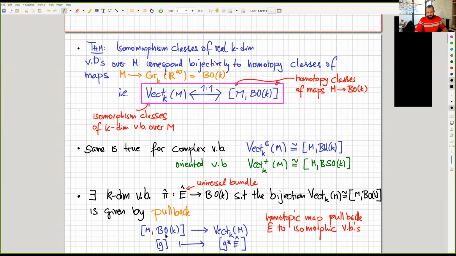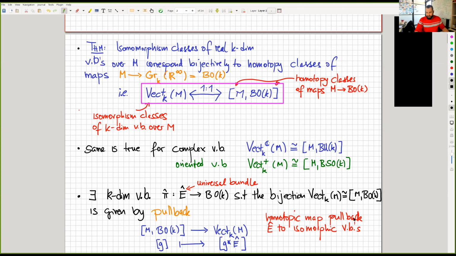And if you take a map here, a homotopy class, so you take a representative of your homotopy class, let's call it G, and you pull this bundle back, right? So if you pull it back by G, you get a bundle over M. And this isomorphism class corresponds to this homotopy class under this theorem here, right?